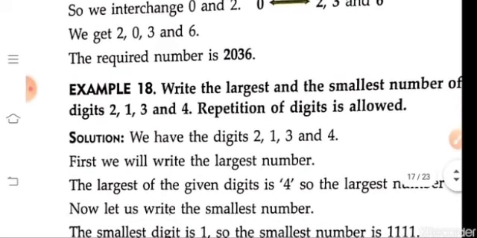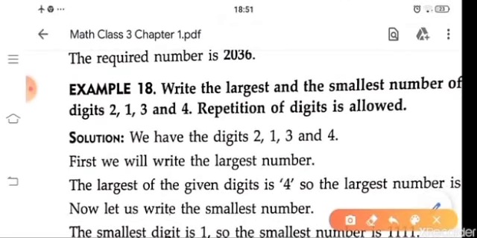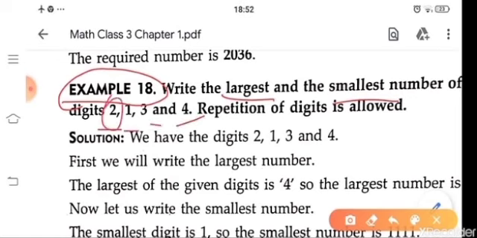So let's move to the other example, number 18. In this number again we are going to write the largest number and the smallest number, but in this example, children, we can repeat the numbers. We can repeat 2, we can repeat 1, we can repeat 3, we can repeat 4.